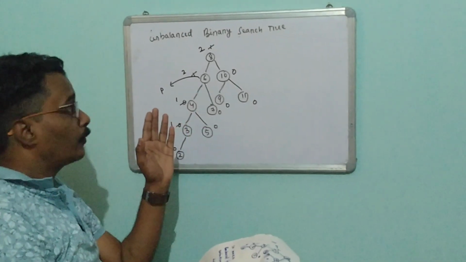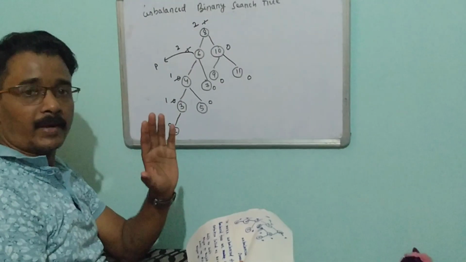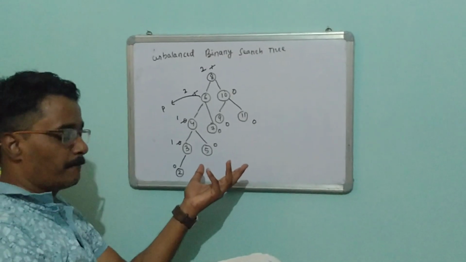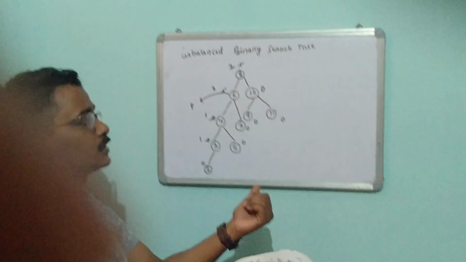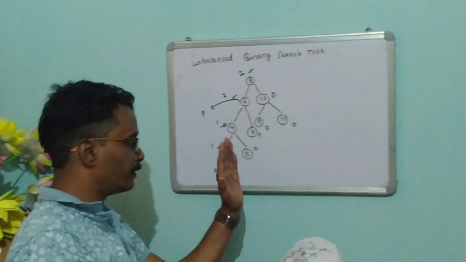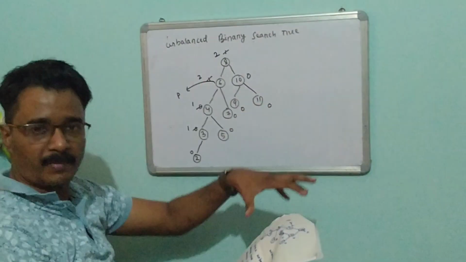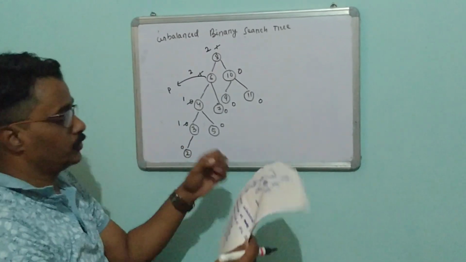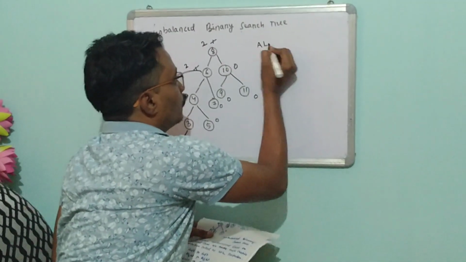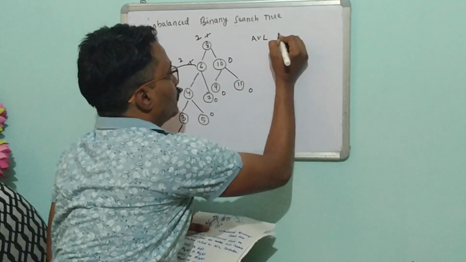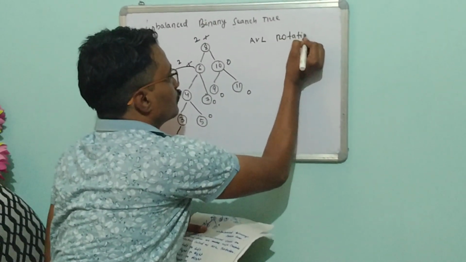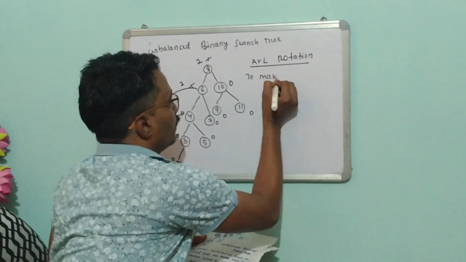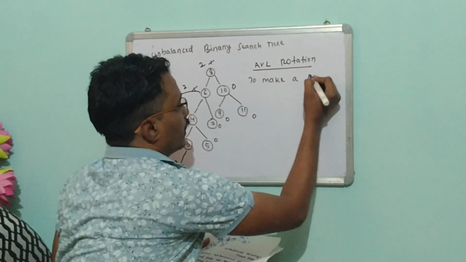My intention is to convert the unbalanced binary search tree to a balanced binary search tree by making certain rotations. Whenever we make certain rotations to make an unbalanced binary search tree a balanced binary search tree, that is called AVL rotation. So what is AVL rotation?